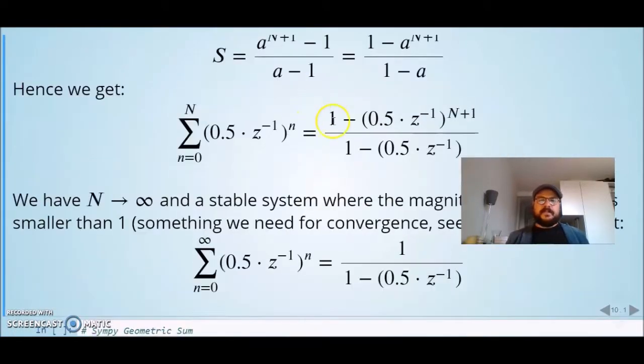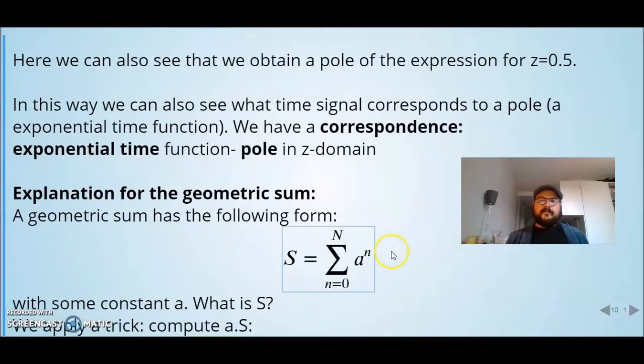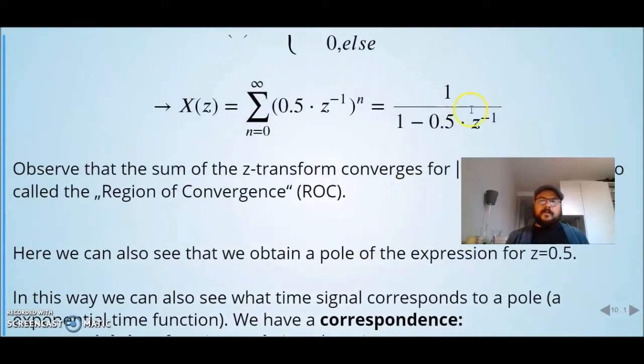We're replacing this a here by this, and we get this here. But now we don't want from 0 to N, we want from 0 to infinity. So if we take the limit when n goes to infinity, this factor here will go to 0, and we will end up with this result here, 1 over 1 minus 0.5 times z to the power of minus 1, which is what we've seen here.